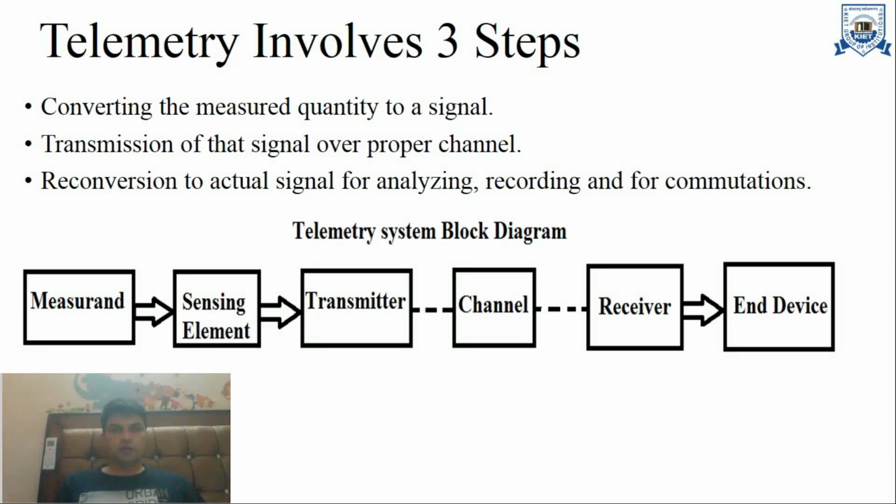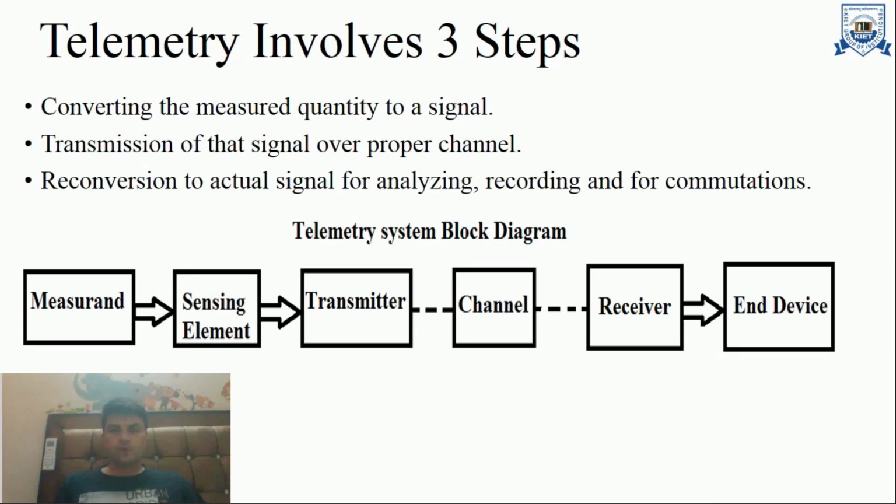Then the second step is transmission of that signal through a proper channel. The channel may be wired or wireless. The third step is reconversion to the actual signal, which we grab for analyzing, recording and further communications.